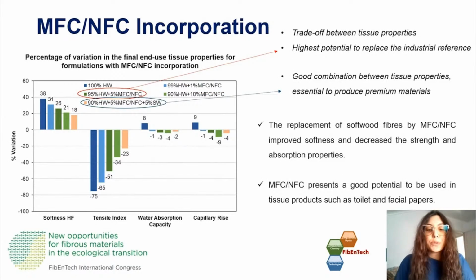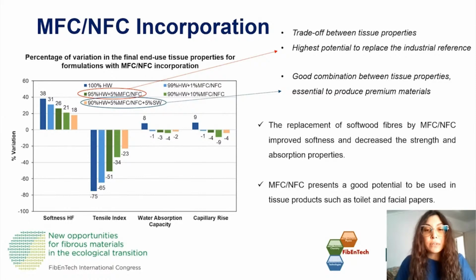Regarding the incorporation of additives, these figures present the percentage of variation in the final end-use tissue properties for formulations with micro-nanofibrillated cellulose incorporation. The results indicated that the replacement of softwood fibers by micro-nanofibrillated cellulose improved softness and decreased the strength and absorption properties.